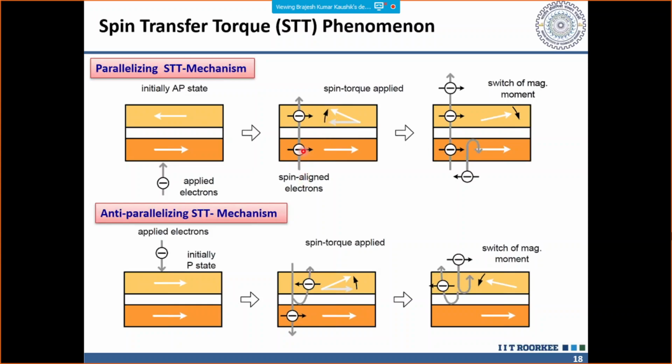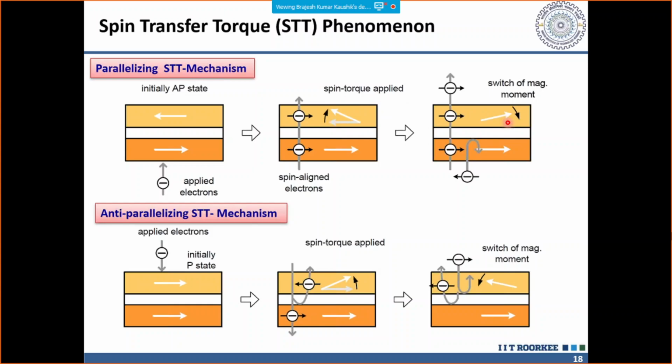If the number of electrons is large, they keep applying a huge torque onto this, and they'll be able to flip it. Or otherwise, the number relates to current, and then there is the time. If it is there for a very long time, they keep applying torque slowly and steadily, and they are able to flip this state as well. So this is how things move.